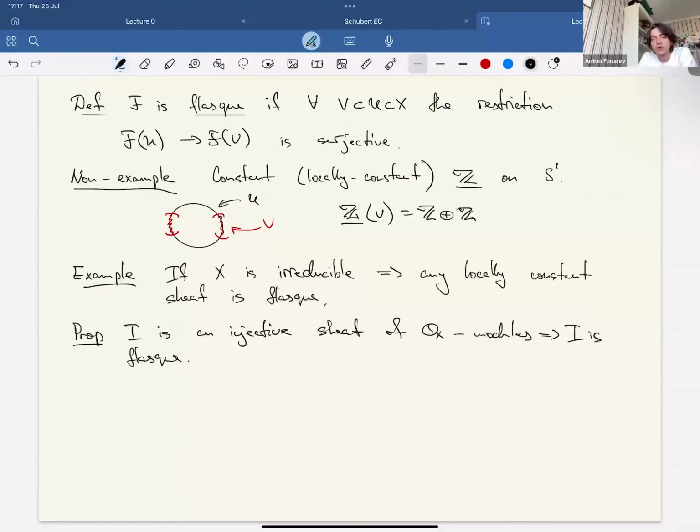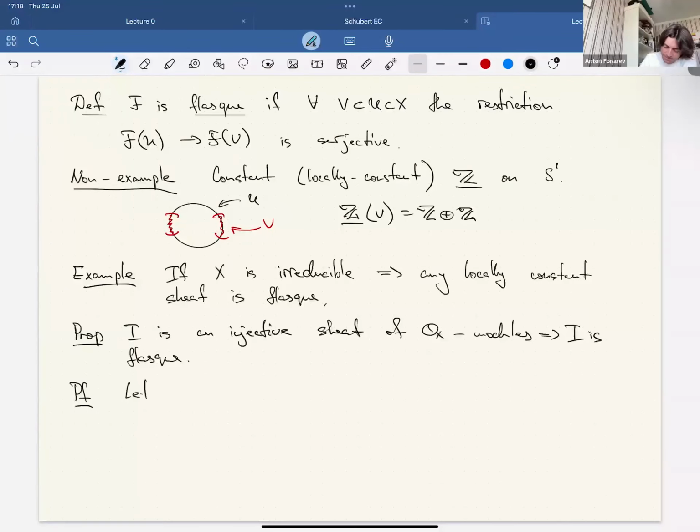So what do we need to prove here? We need to prove that, again, sections lift, or in other words, for any pair of open subsets, the restriction map is surjective. And this is a good point to introduce a certain important operation, which is a little bit strange because it works only for sheaves of modules. It doesn't preserve quasi-coherence. This is actually a typical way to introduce non-quasi-coherent sheaves.